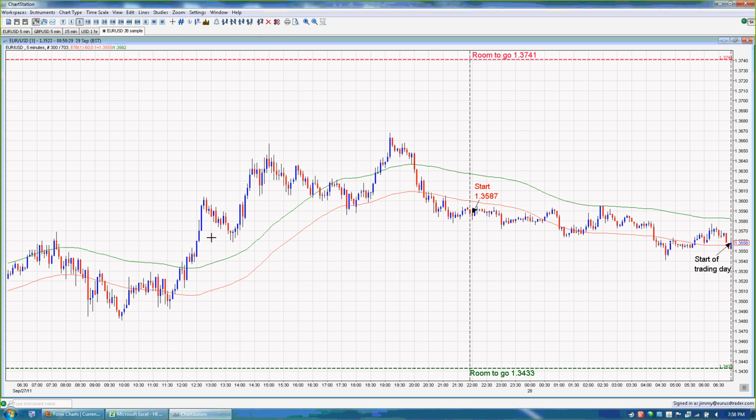On this way up here, from this lowest point here, this price here was 134.90, and this price here is 136.50. That's 160 points up. So at this point in time, we're in an upswing.